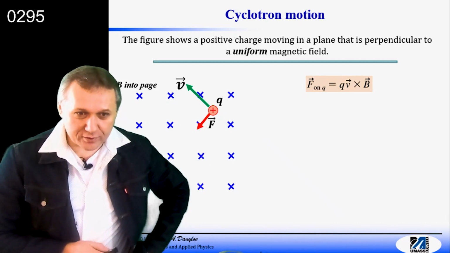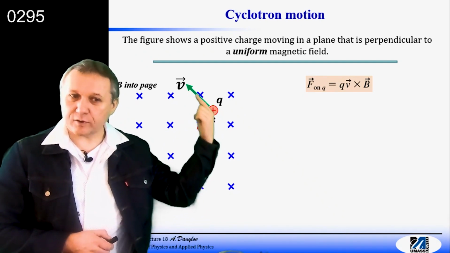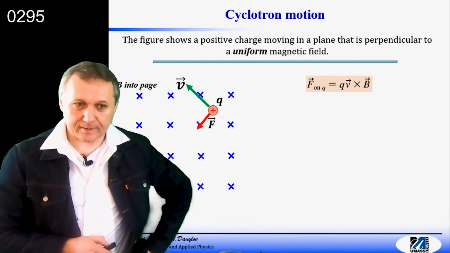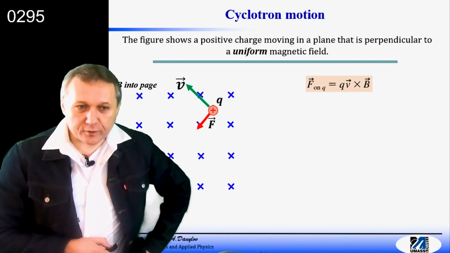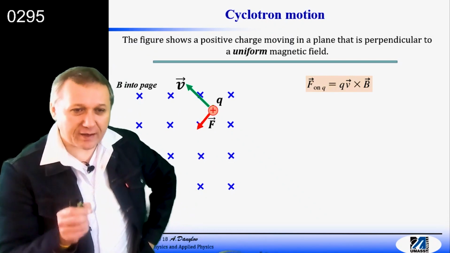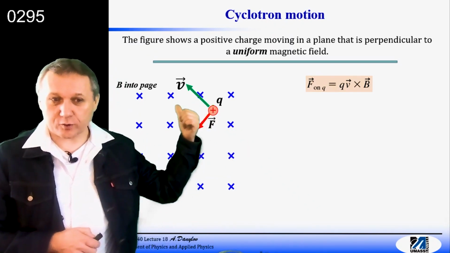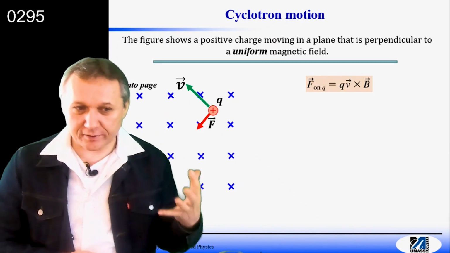No way, because it acts perpendicular to the direction of the velocity. If the force acts perpendicular, it cannot change the magnitude of the velocity. So the magnitude of this velocity is going to be the same. So the speed of the particle is going to be the same.